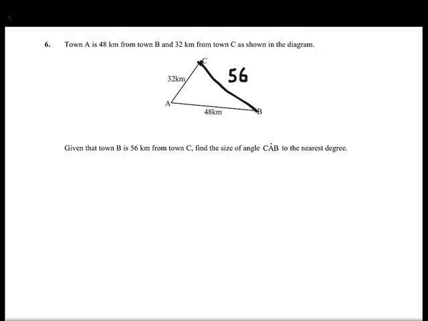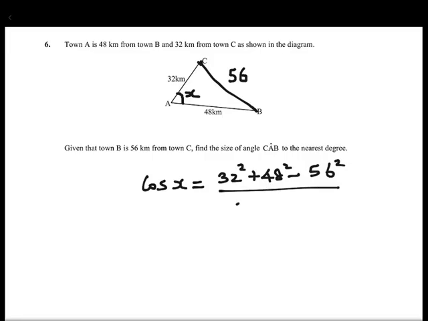Find the size of angle CAB. That means I need to find this angle, so I'm going to take this as x. As per the cosine rule, cos x equals 32 squared plus 48 squared minus 56 squared divided by 2 times 32 into 48.